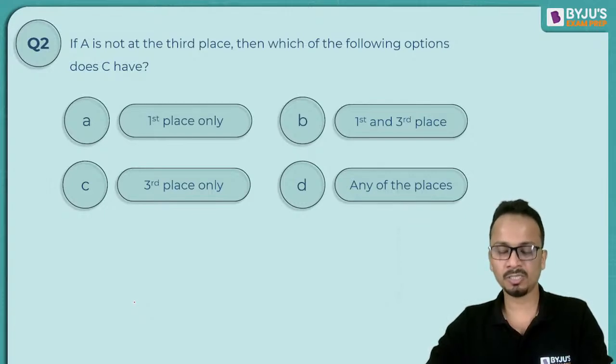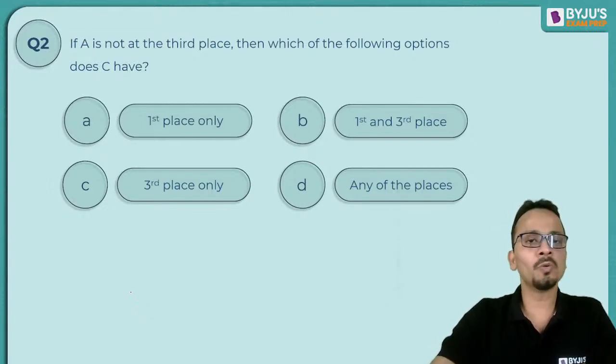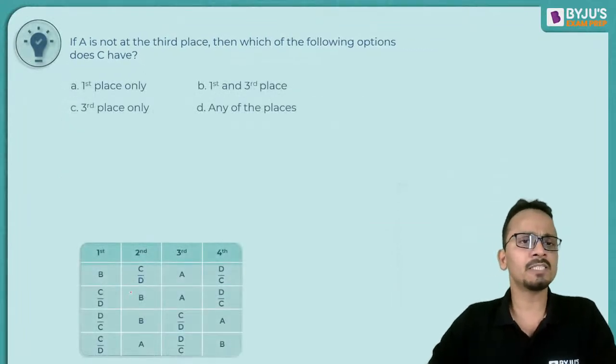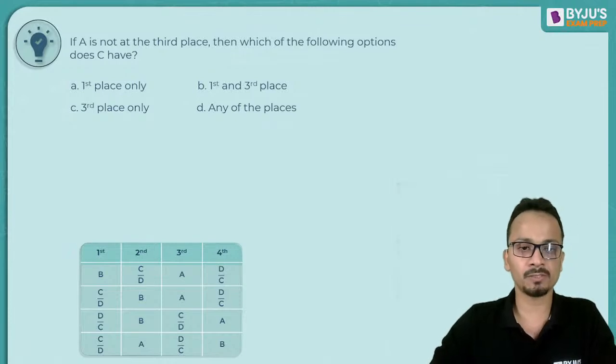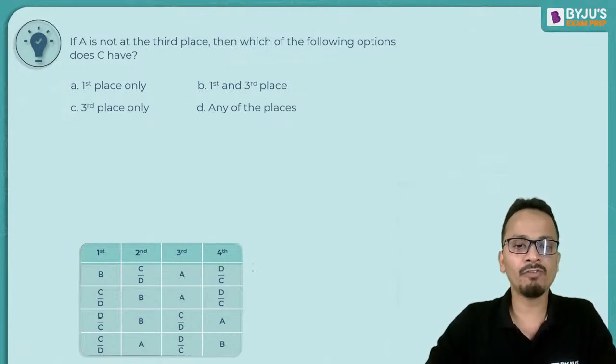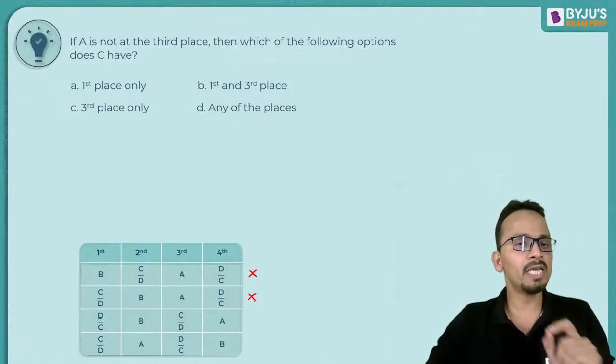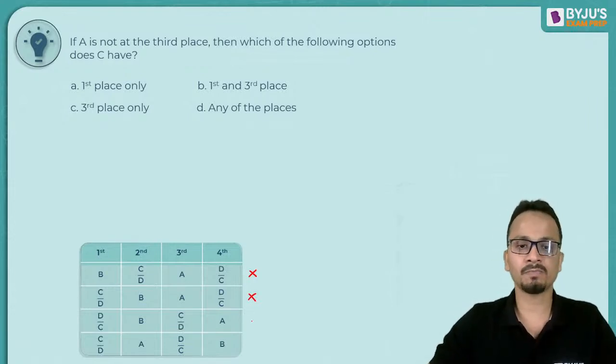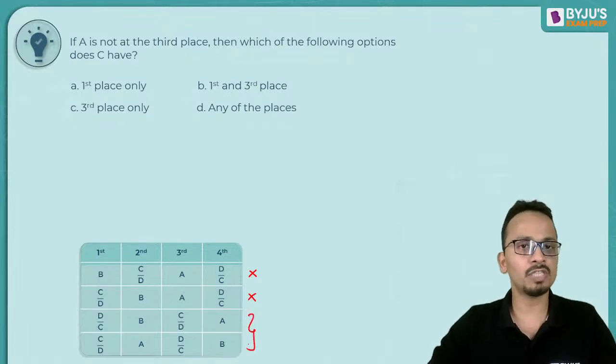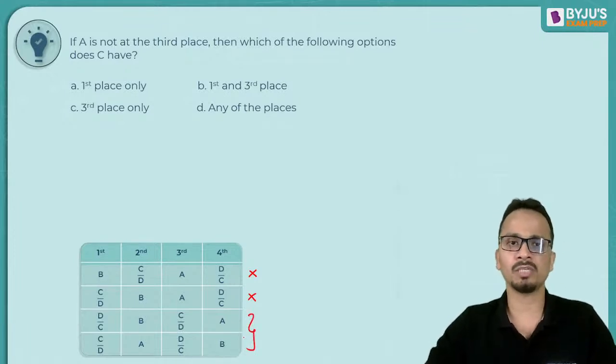Akansha, Shikhar. Nice. So let's look again at the different cases that we have made. Now they are saying that if A is not at the third place, so I will not consider this case and this case. A is not at the third place, so I'll consider any one of these two cases at the bottom of this table.